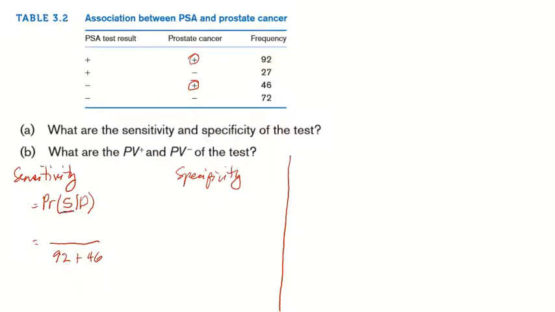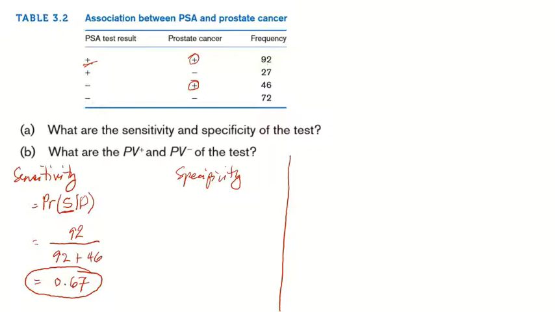How many of them have a symptom or positive PSA test? It's this first group, 92, positive PSA tests, 92. So if we're going to divide these numbers, the answer will be 0.67. That's for our sensitivity.